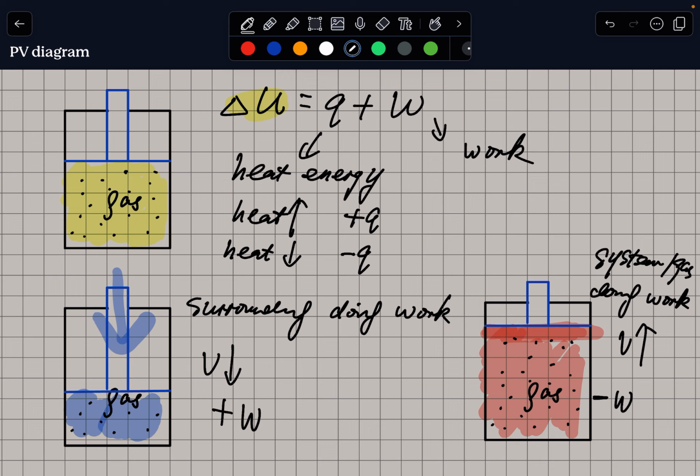Some students are really confused about whether W should be positive or negative, and how to do the calculation. It only matters whether the surrounding is doing work on the system or the system is doing work on the surrounding, right? The positive really means the system is gaining the energy, gaining the contribution of the work done by the surrounding, so it's a plus W, okay?